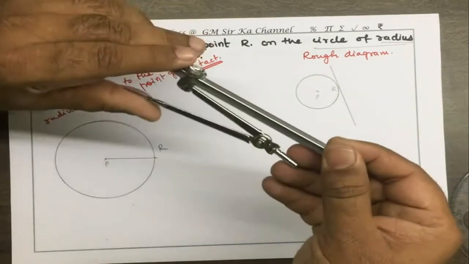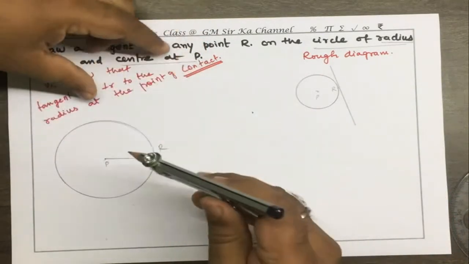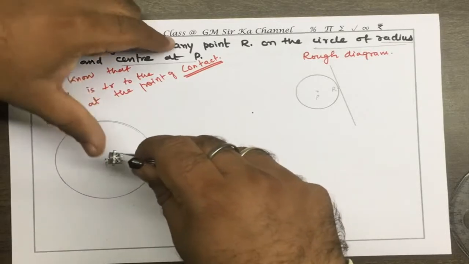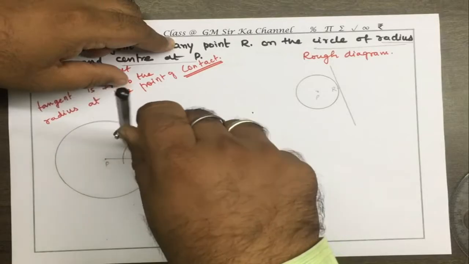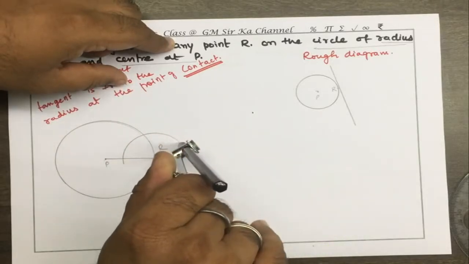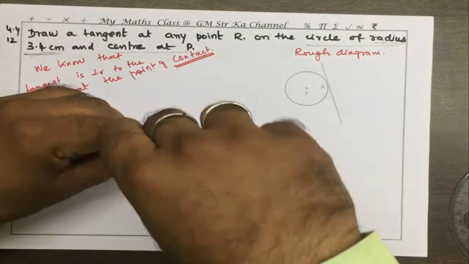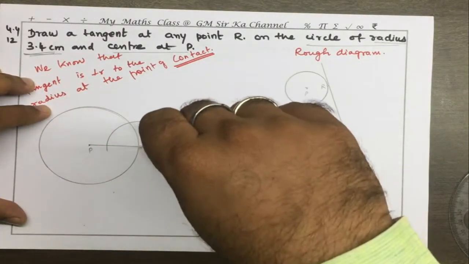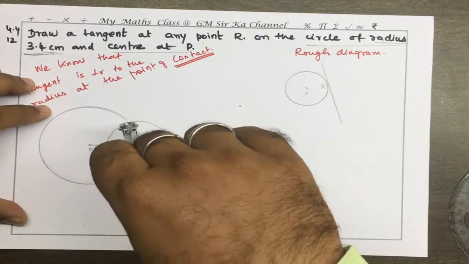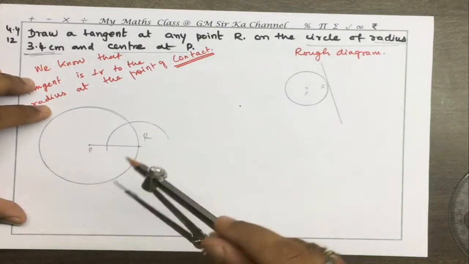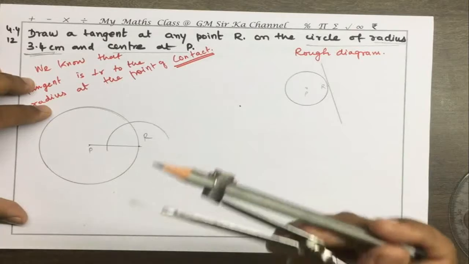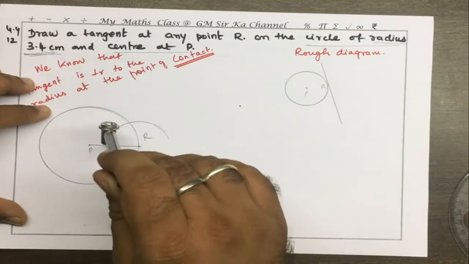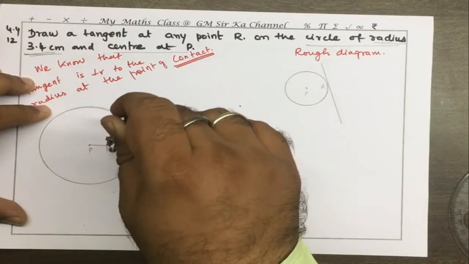So to draw the 90 degree, any radius can be taken in the compass, and from that point an arc is drawn to draw the angle using the ruler and compass. We have to draw the arc with R as a center without changing the radius from this point of intersection.